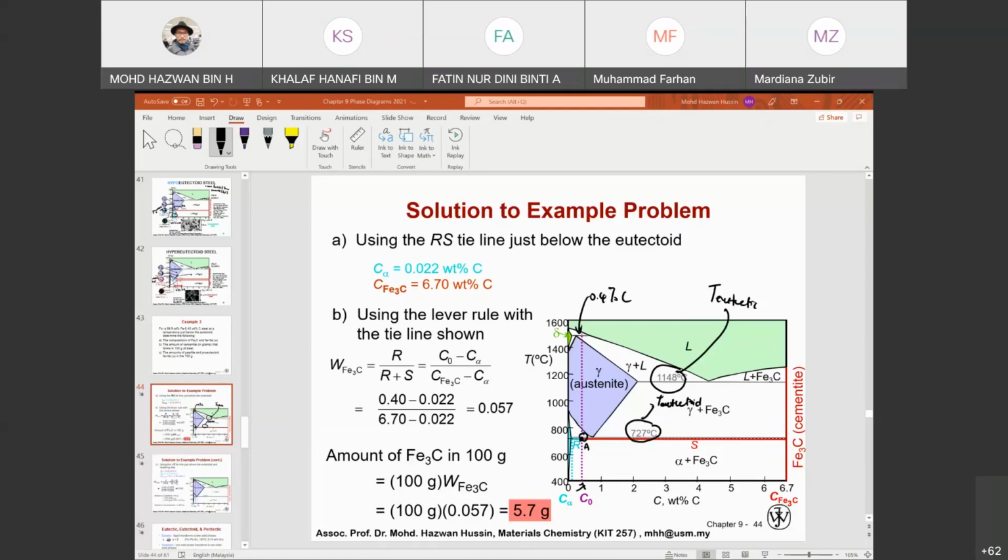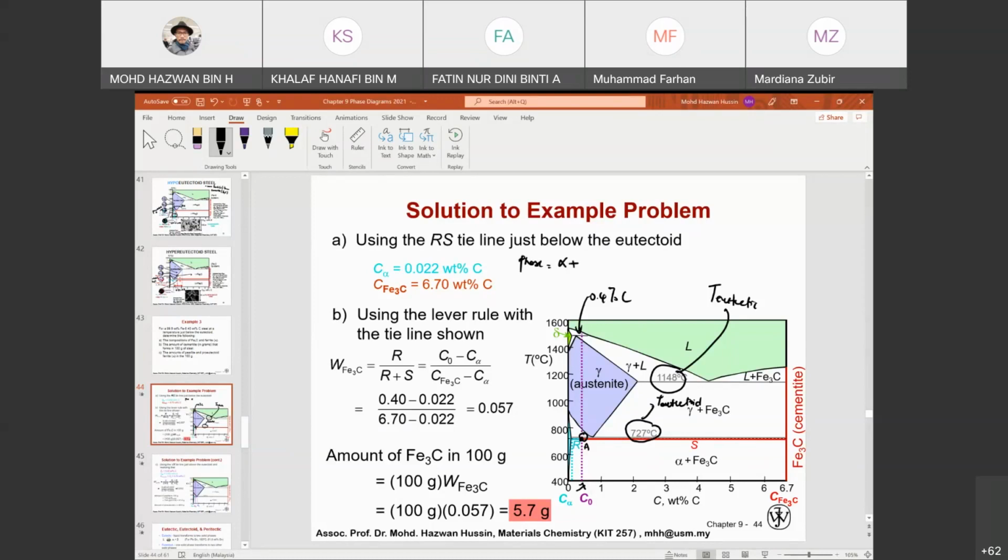Alpha plus cementite. Okay, alright. So alpha plus cementite. How do you know it is alpha plus cementite? Because it sits in the alpha plus cementite region. Yes, correct. So you will see that it is located in this region, alpha plus cementite. Okay, so we already know the phase.